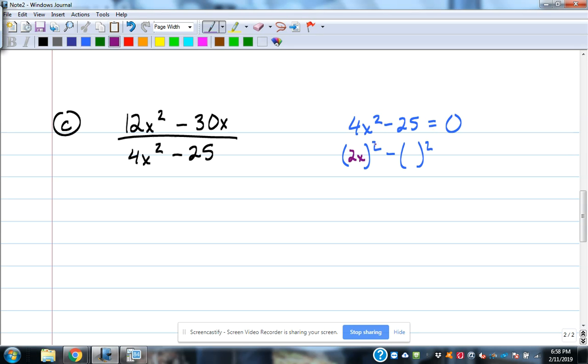It'd be 2x and 5, right? Since it's a difference of squares, it's 2x plus 5, 2x minus 5.